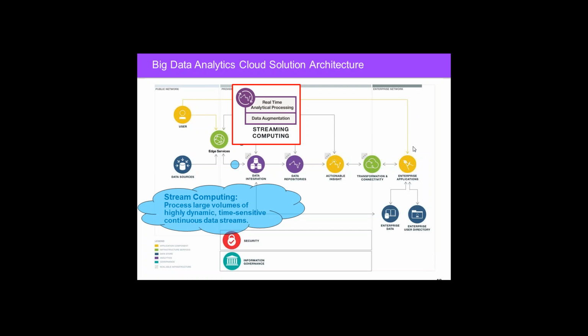Let's take an example. In the financial world, you have stock data, or the stock ticker, which gets updated pretty much as a continuous data stream. Or if you work with the telecom industry, you have call detail records or other types of network data that keep being generated by the machines in a continuous fashion.